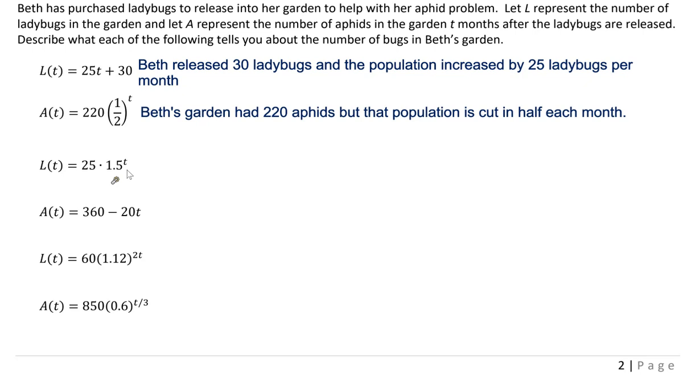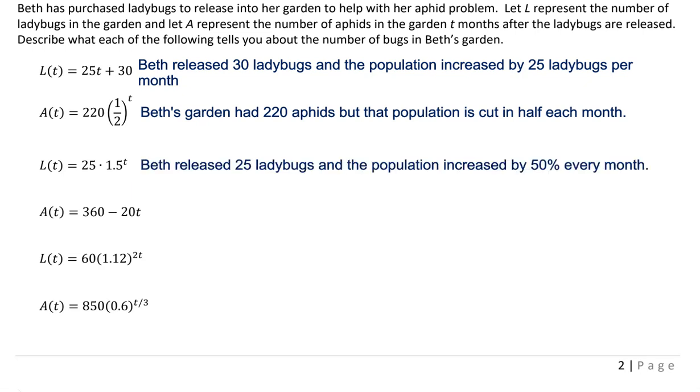The way I would interpret that is multiplying by 1 would mean 100% of what you had. The 0.5 is an additional 50%, so that says the population is increasing by 50% every month. We get half as many added on every month. So 25 ladybugs released and a population increase of 50% every month.